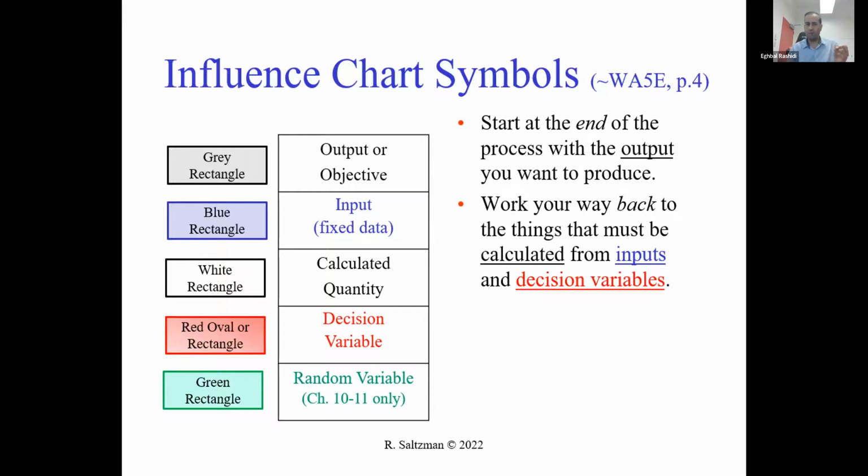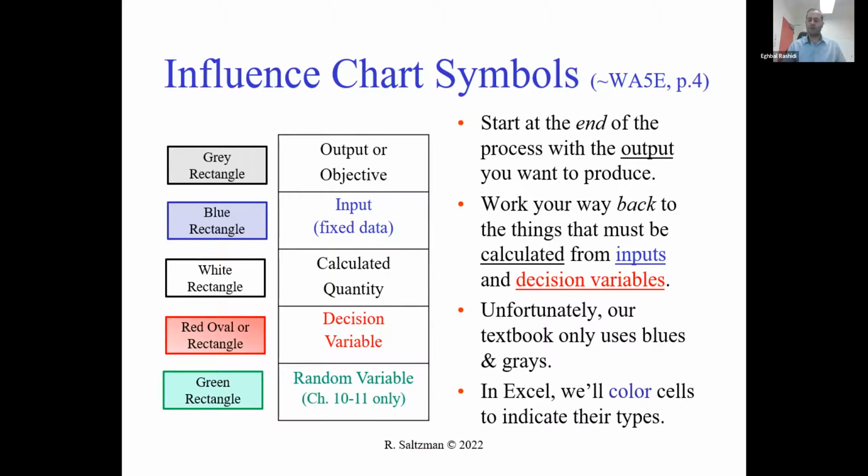Then we calculate the inputs, we figure out the decision variables, and we use these standard colors or schematics as the convention goes. We don't care about the textbook right now because we're using Excel here and also our own means. In the textbook, if you buy it, it only uses blue and gray, but it actually recommends these 5 colors.